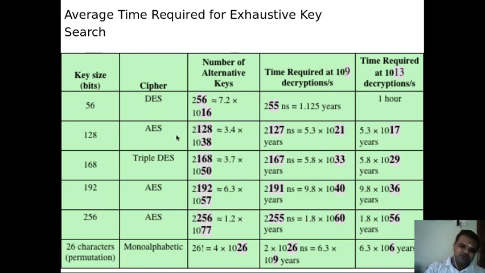And so the 128-bit AES was brought in. AES requires at least 5.3 times 10 to the power 17 years to be broken. A 26 character monoalphabetic cipher requires 6.3 times 10 to the power 6 years. So you can see that the 256-bit AES is probably the most secure algorithm that you have at present.